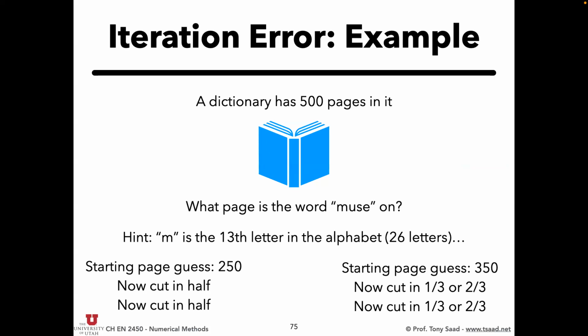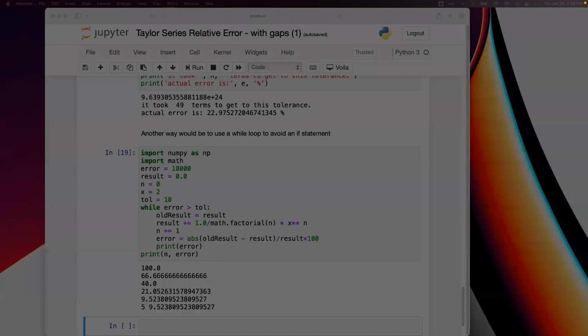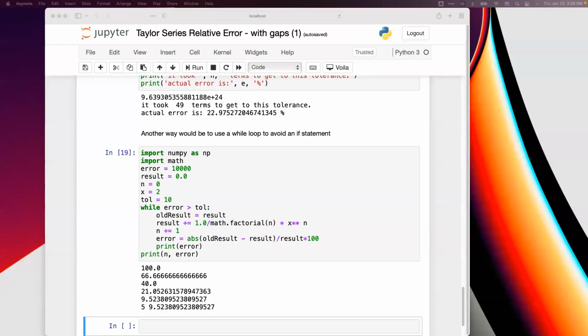Okay. And with that, we finish that chapter on errors. And we will start our next chapter on linear solvers. So if I can find that, let me open linear solvers.